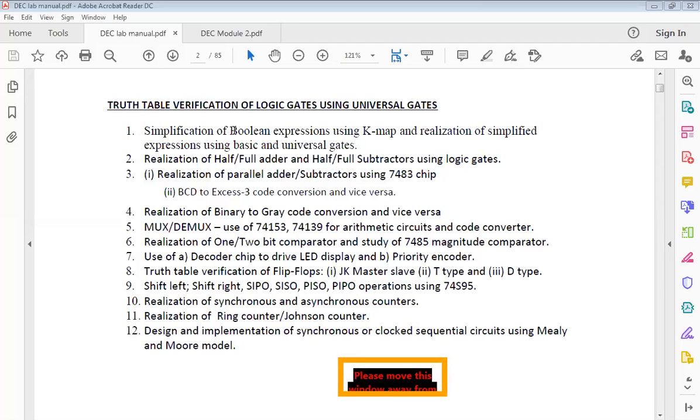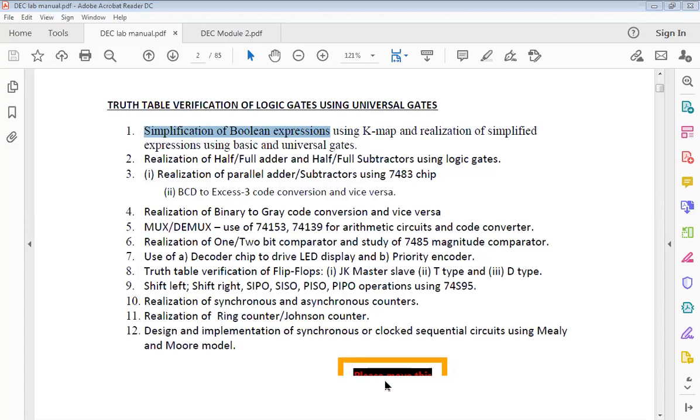Okay, so simplification. Can you tell me some techniques that you have studied in your subject for simplifying Boolean expressions? By using laws of Boolean algebra. Okay, what kind of laws are we using? Identity law. Okay, fine.